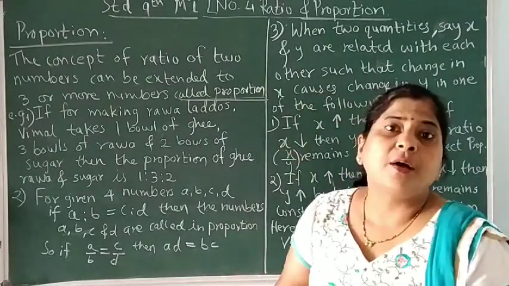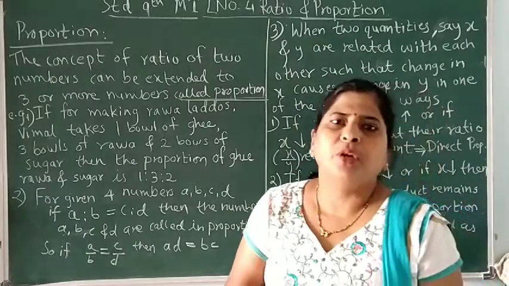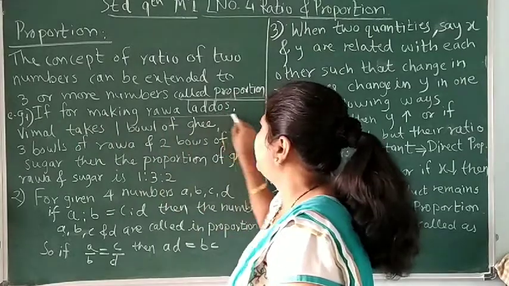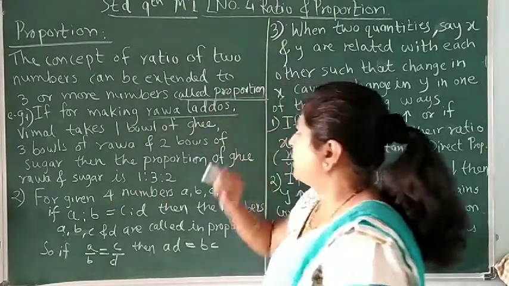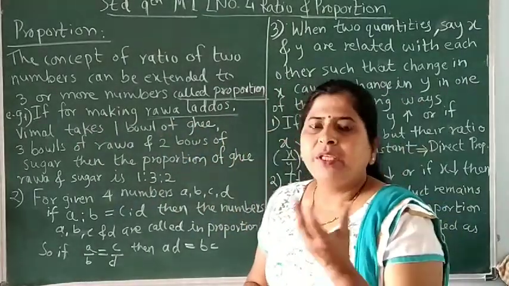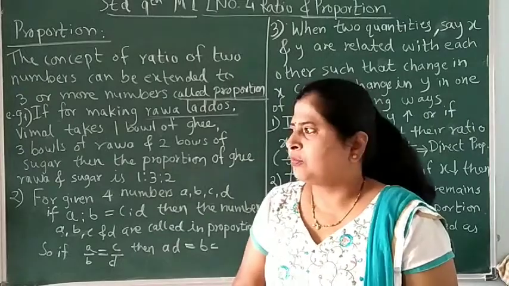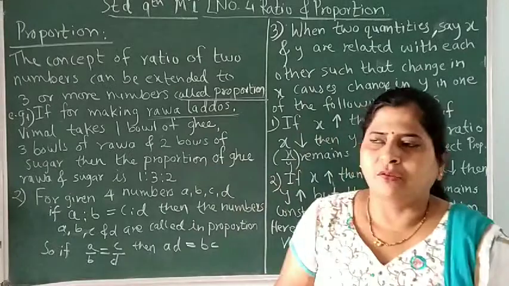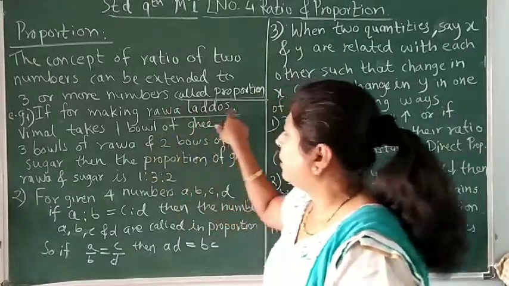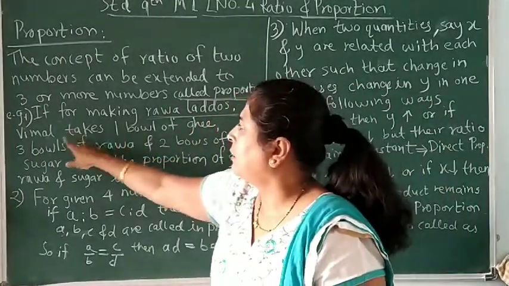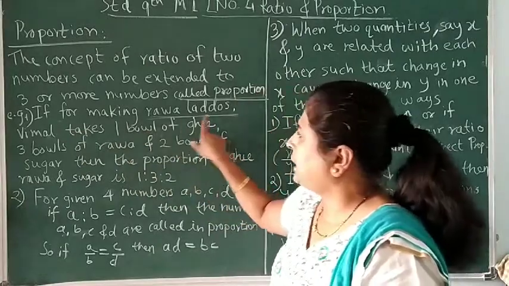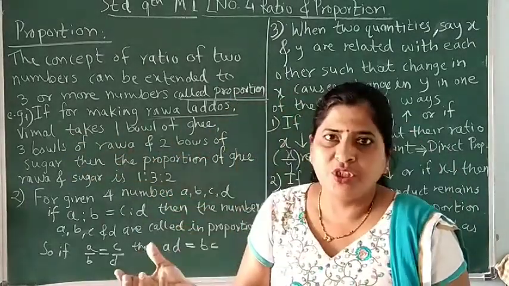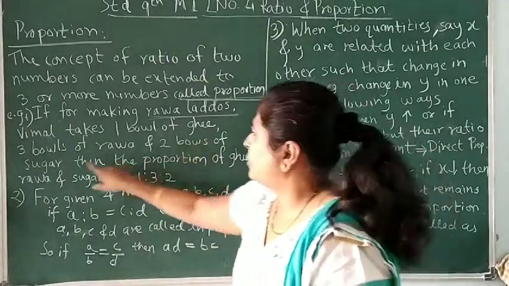What is an example of it? Let's take an example to understand this. For making rava laddus, a sweet made from rava, which is made from wheat, say Vimal takes 1 bowl of ghee, 3 bowls of rava, which can also be called suji, and 2 bowls of sugar.